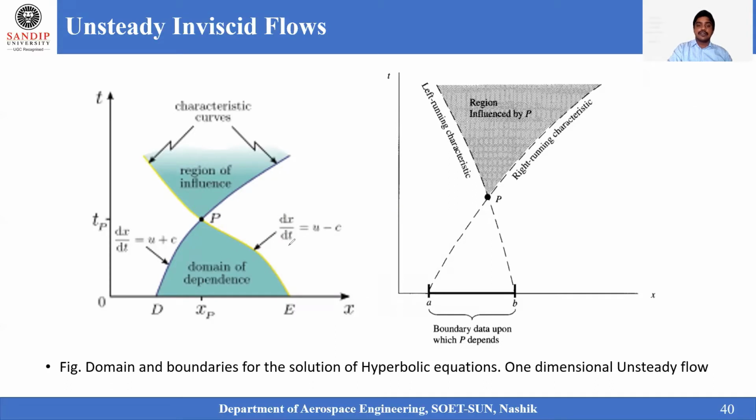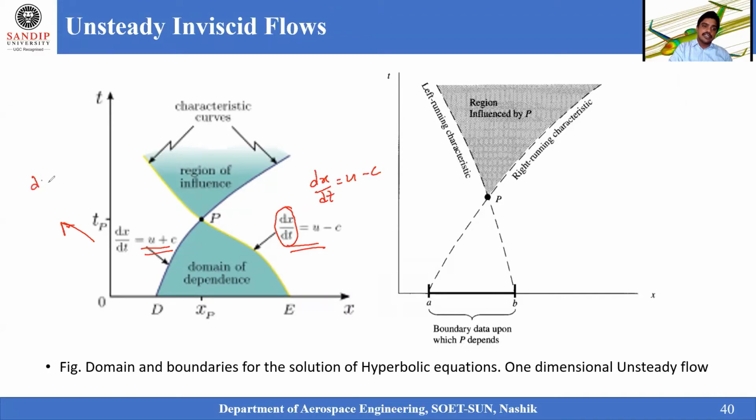If you see in the previous example, when we drew the characteristic curves, referring to the previous sessions, this is the equation stating dx/dt is equal to u minus c, one characteristic curve, and the other characteristic curve from point B, or from the initial points, is dx/dt equal to u plus c.